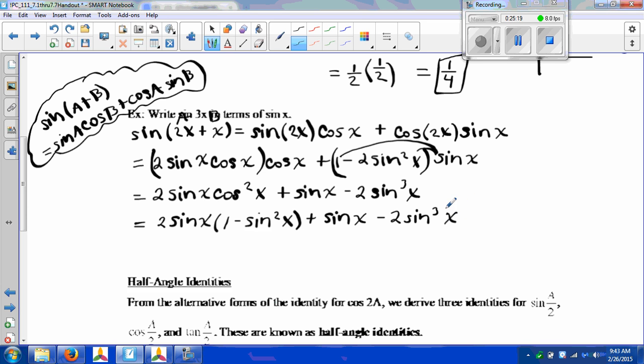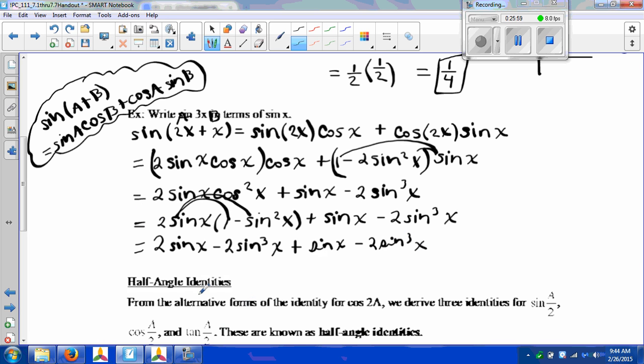There we go. Okay, well, I've technically done what they asked, which is to write it in terms of sine of x, but we're going to simplify it if possible. So that's going to distribute into there and there. So now I get 2 sine x minus 2 sine cubed x plus sine x minus 2 sine cubed x.